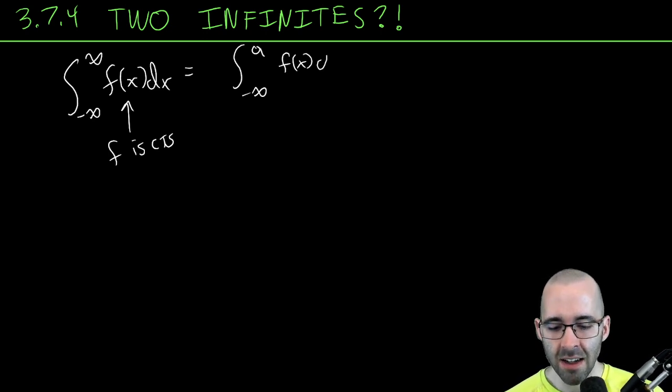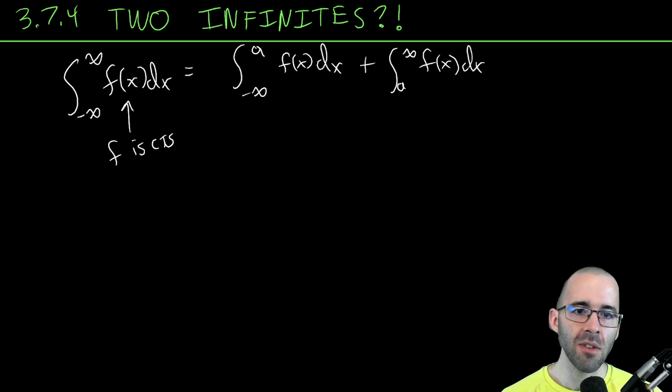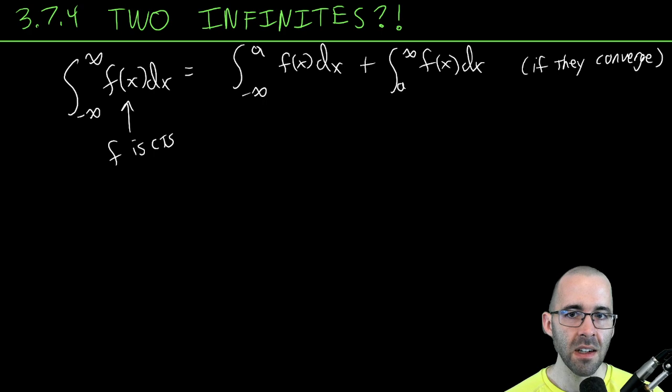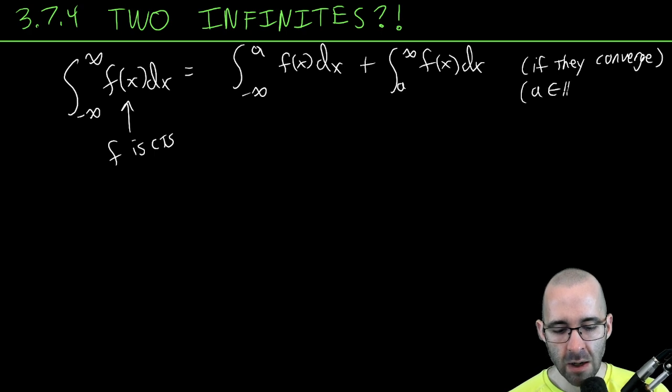Let's say any a. Right? This was one of our properties of integrals. And as long as these integrals converge, this is true. Remember, converge just means these limits equal a number. And a can be anything, any real number.